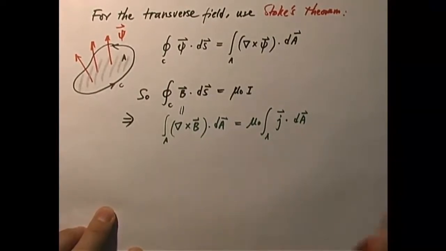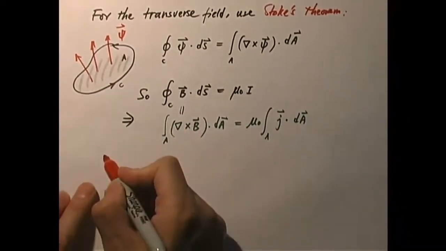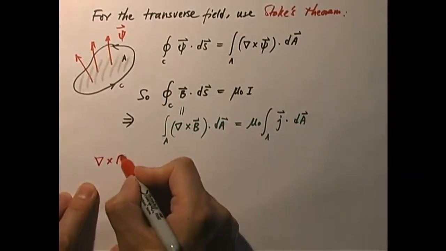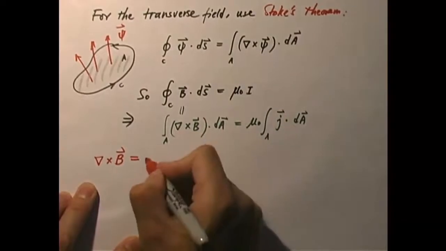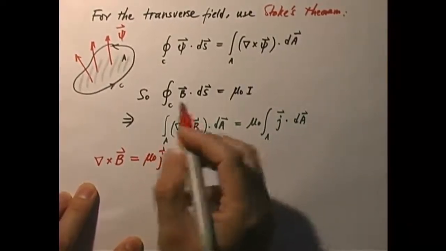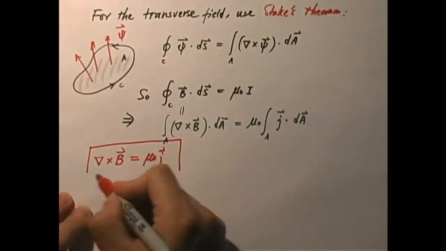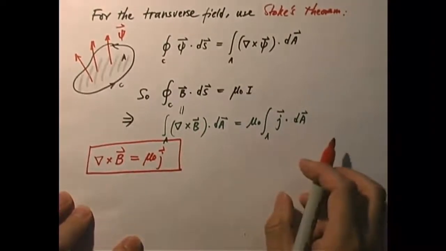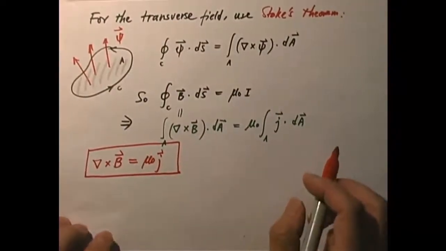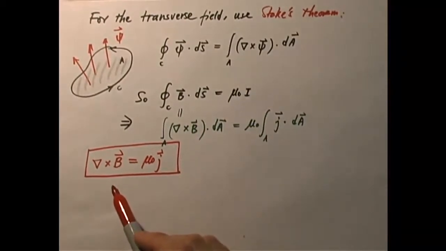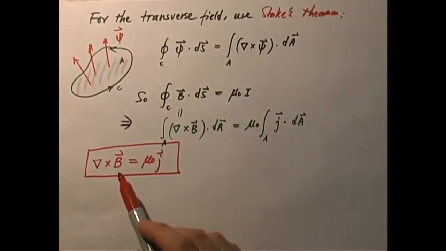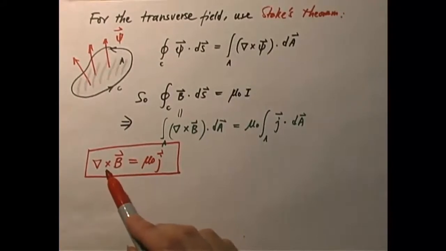Therefore we say gradient cross B, which is the integrand of the left-hand side, must equal mu naught times J, which is the integrand of the right-hand side. This is the differential form of Ampere's law. So as you can see clearly, to describe the transverse part of a field, we have to use the rotation operation, gradient cross, instead of gradient dot.